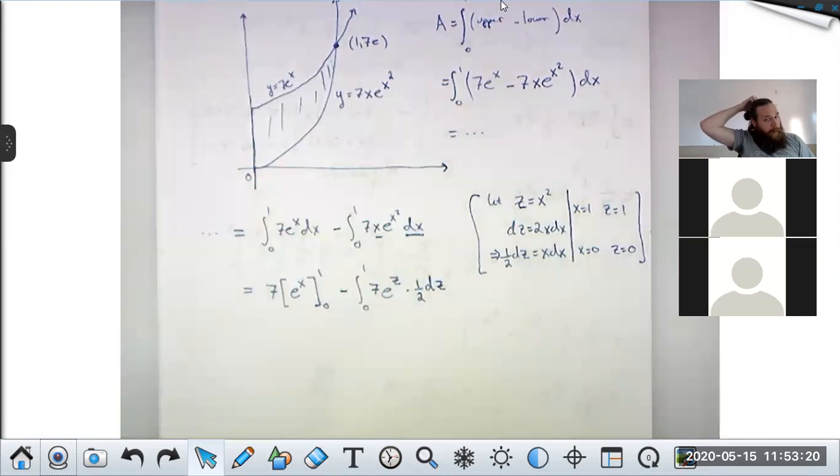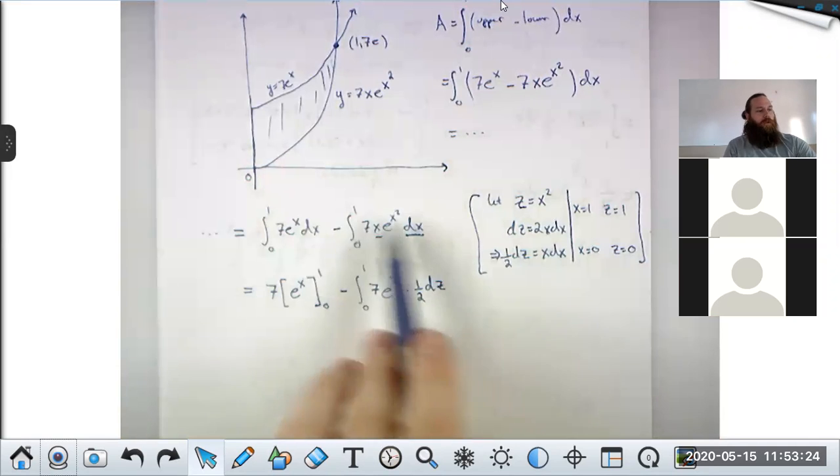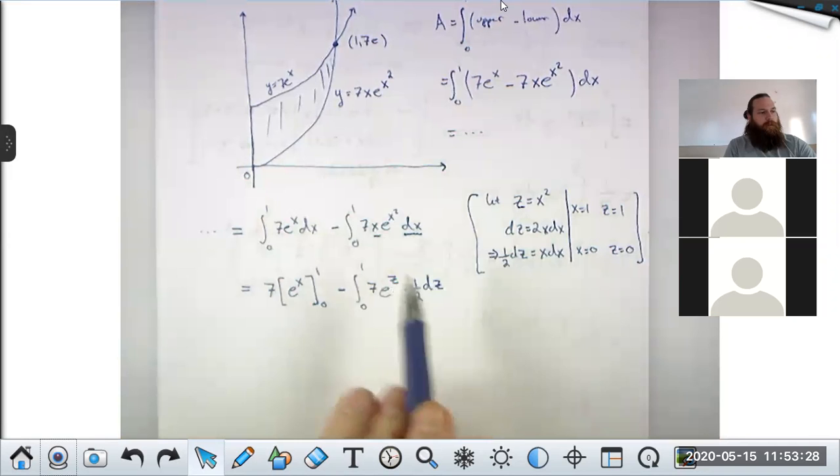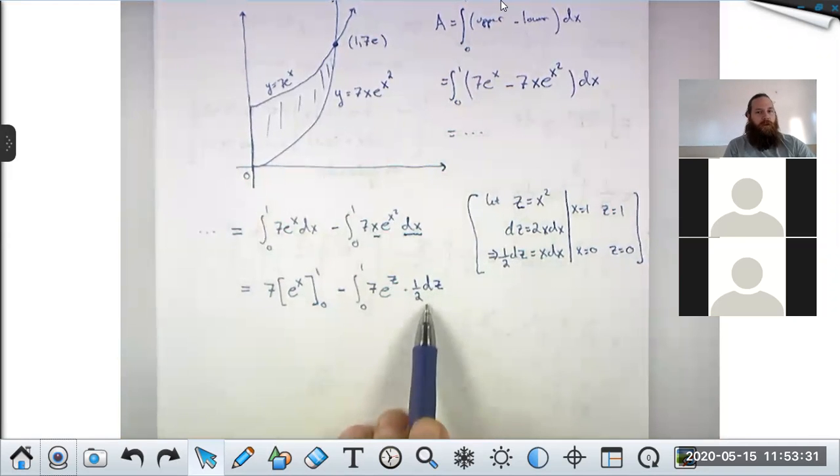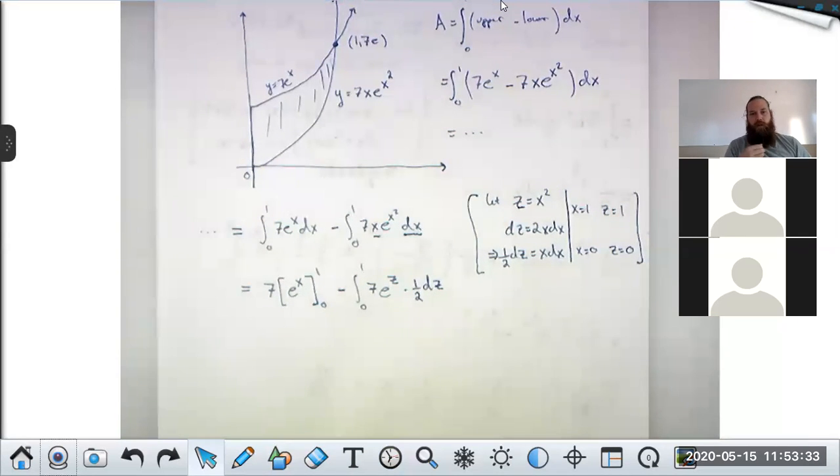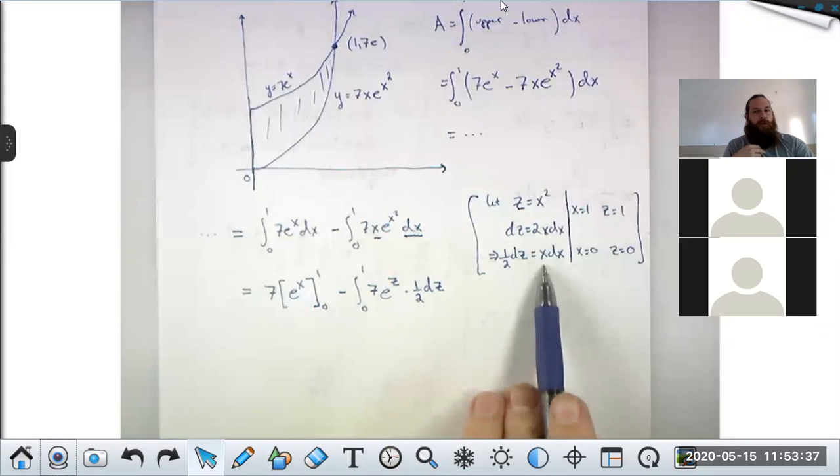And depending on how much practice you have with these sort of substitutions, you may or may not want to rewrite the integral one other time as 7 e to the x squared times x dx. So you can see that the x dx really just does turn into this 1/2 dz. A lot of people wonder, where does the x go? It was absorbed by this differential term.